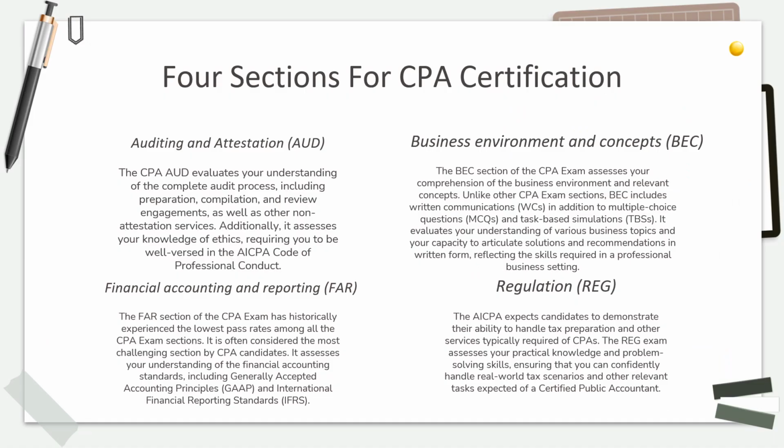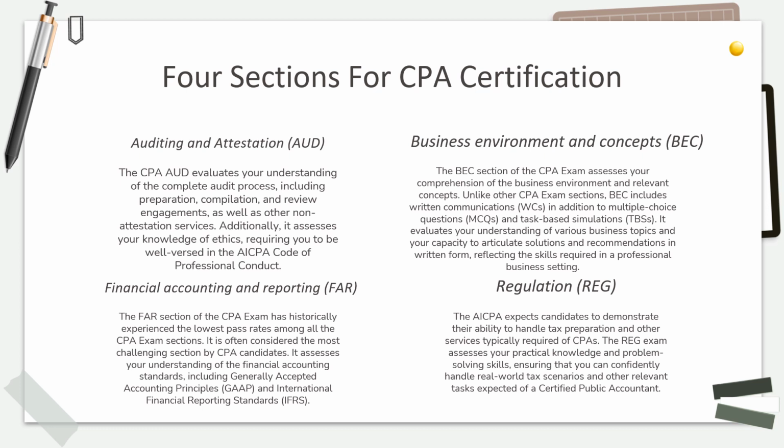4 sections for CPA certification. The CPA certification exam contains 4 sections, including Auditing and Attestation, AUD, Business Environment and Concepts, BEC, Financial Accounting and Reporting, FAR, and Regulation, Reg.